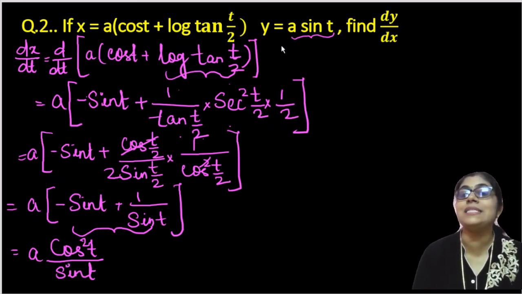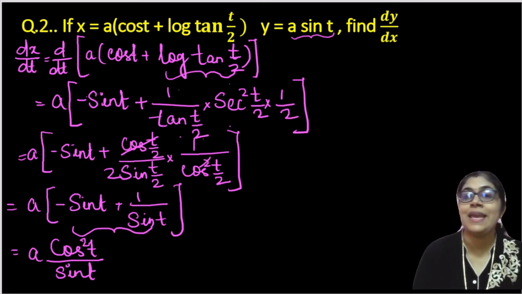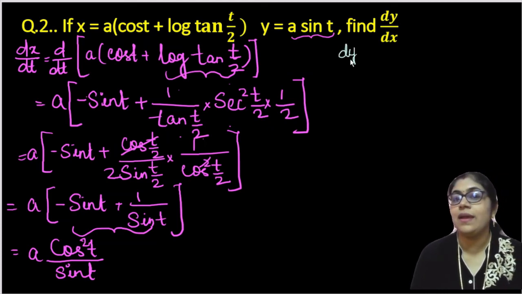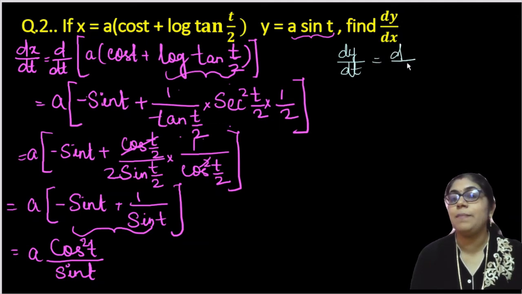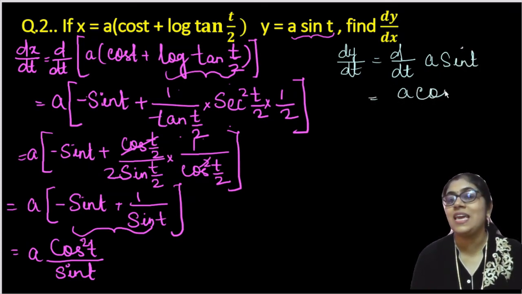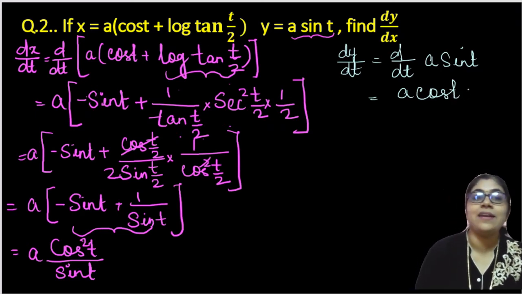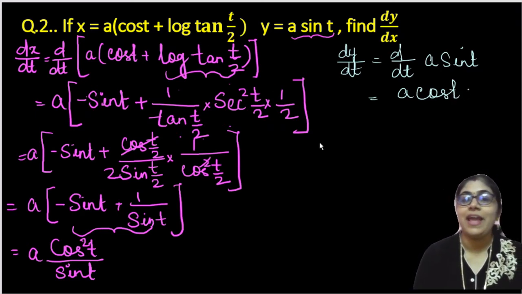And what happens in case of dy by dt? Dy by dt equals d by dt of a sin t. So this is a cos t.